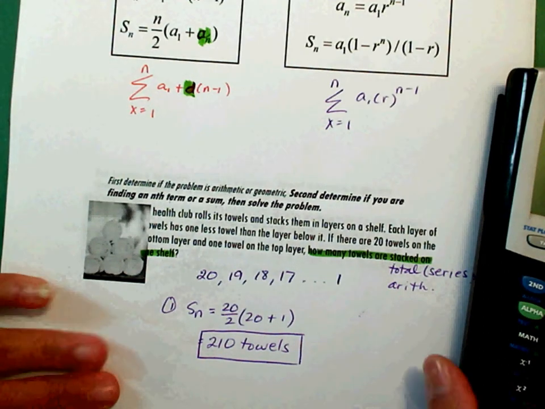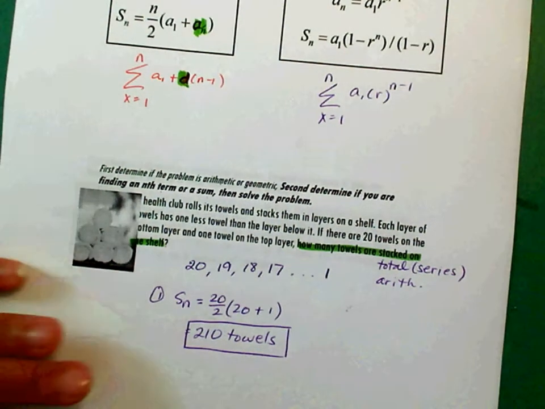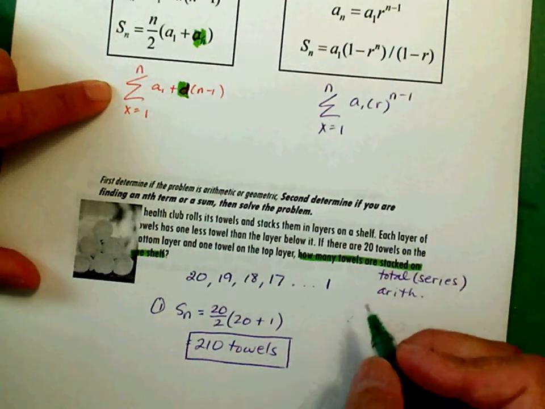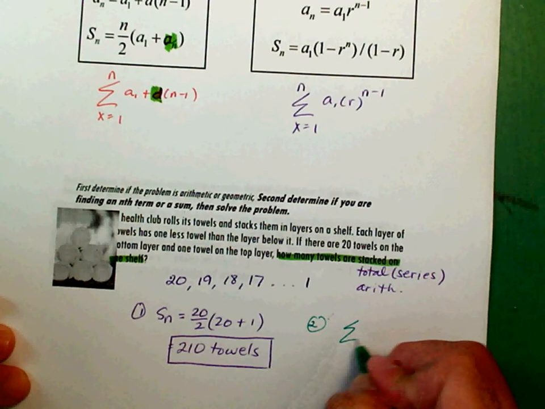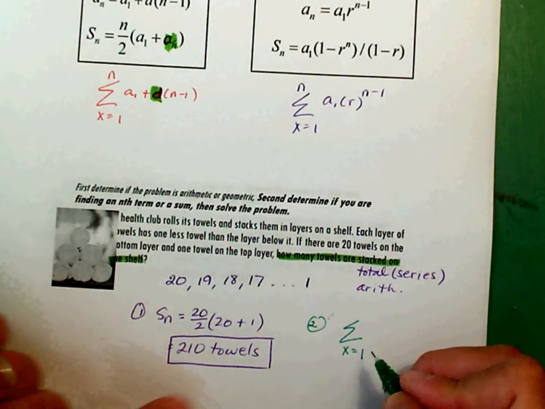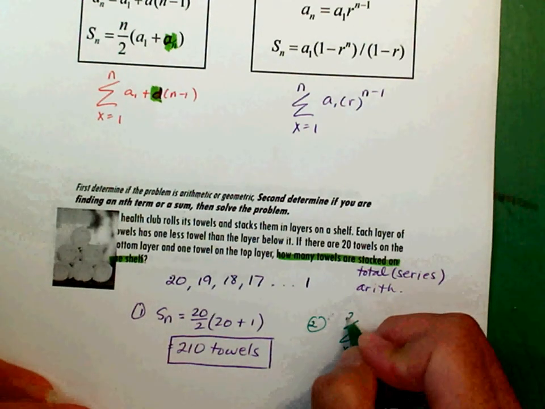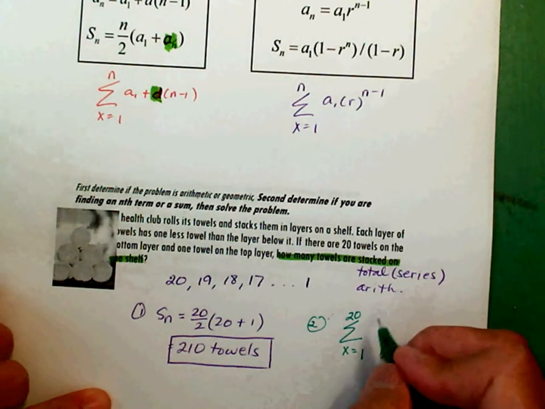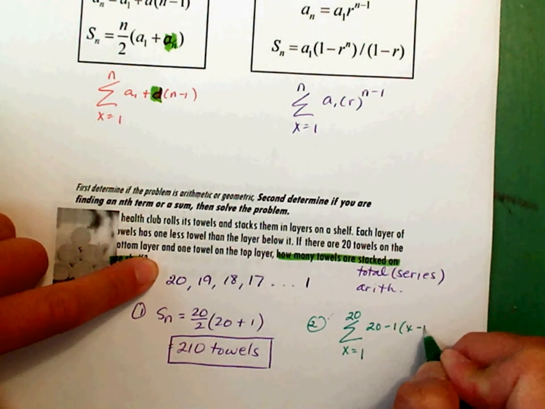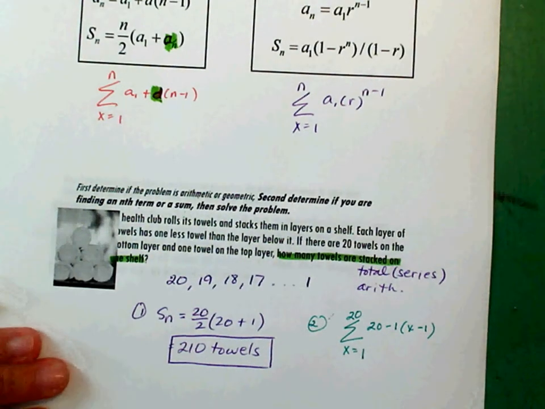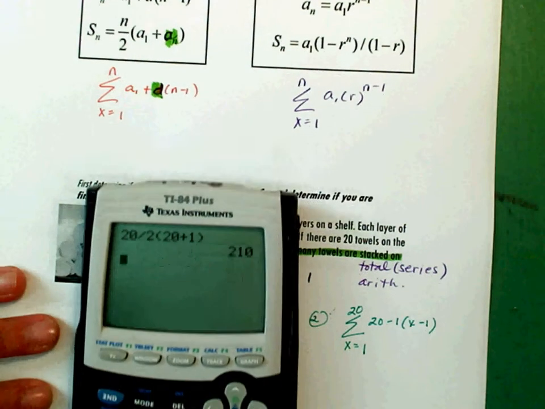What if I did it a different one? What if I used the sigma instead? So let's see. You see that you were going to get the same answer. X equals 1, so I always need to see your setup. N is 20. Arithmetic sequence is 20 minus 1, x minus 1. Okay? Type that into your calculator. Here we go.